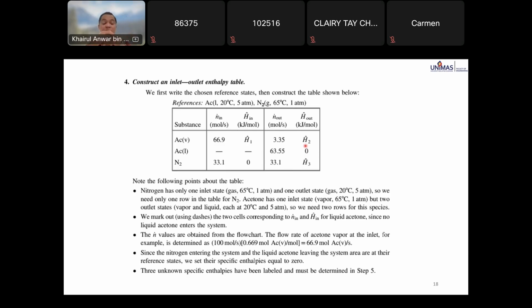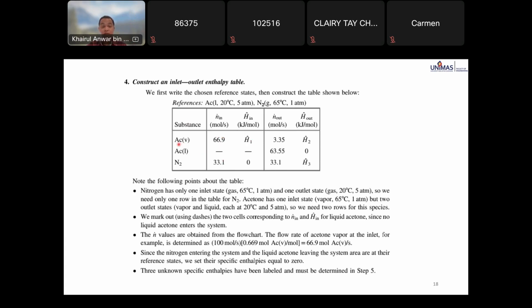Nitrogen has only one inlet state. For the inlet, there is only acetone in vapor form.